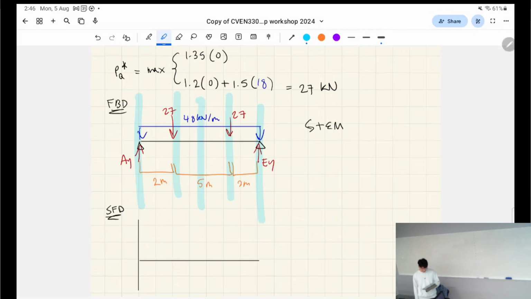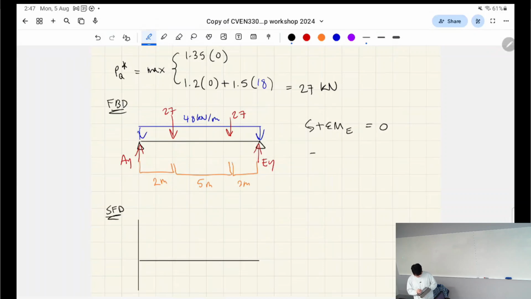When the lever arm is 0, so at this point the lever arm for AY is 0, that's going to eliminate an unknown. So we're going to be solving for EY like that, for example. But if we take the moments at E, it's going to allow us to solve for AY, and the unknown for EY is going to be eliminated from that equation. So let's take it from E and solve for AY.